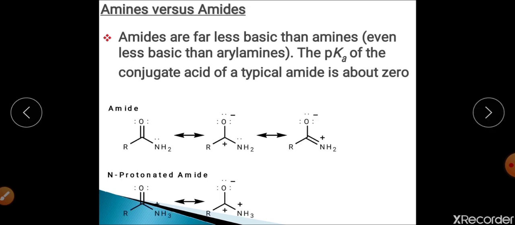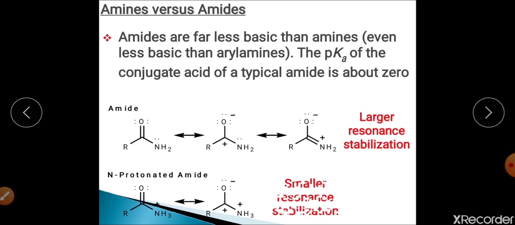Now we are comparing the basicity of the amines with the amides, and we know that in case of amides the lone pair on this nitrogen is basically delocalized, and because of delocalization amides will become less basic as compared to amines, right?